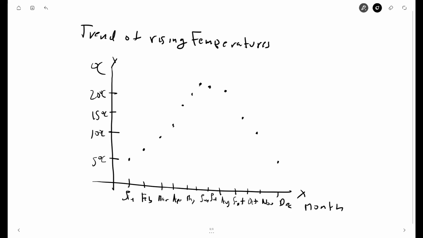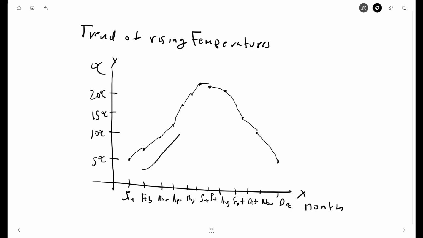Then we connect the dots. So the graph shows a clear trend of rising temperature from January to July.